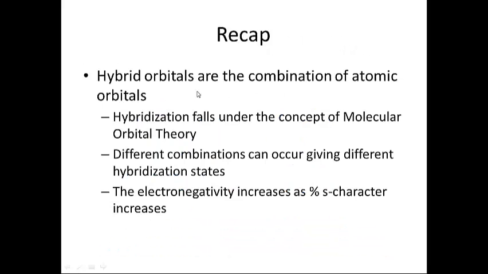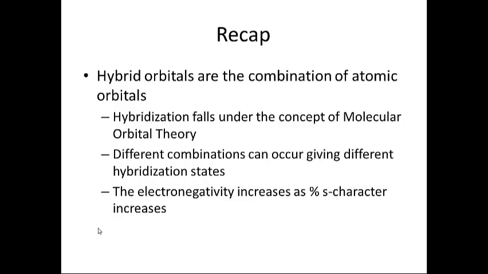So let's recap really quickly. We talked about hybrid orbitals being a combination of atomic orbitals. We talked about hybridization falling under the concept of molecular orbital theory, and talked about how different combinations of s and p orbitals can give us different hybridization states. There are three hybridization states for carbon: sp3, sp2, and sp.